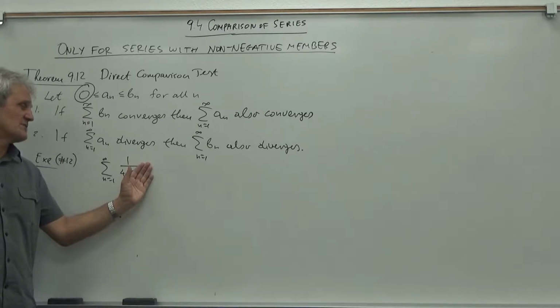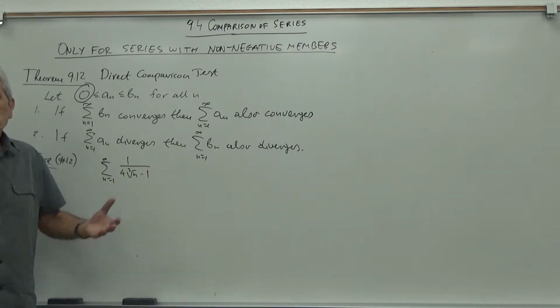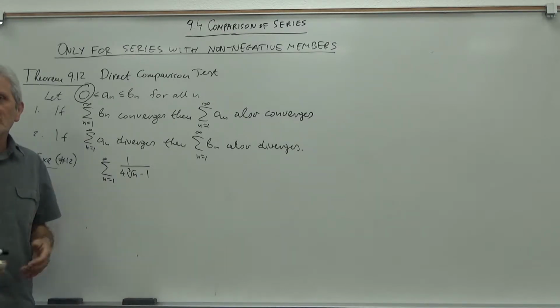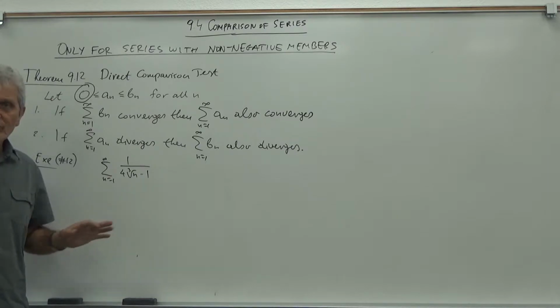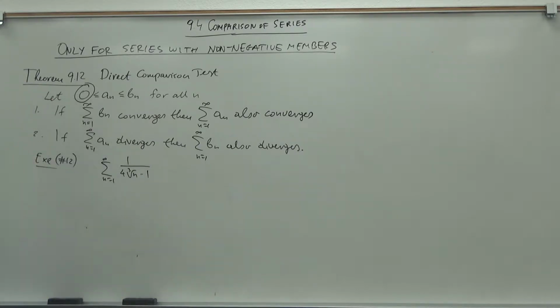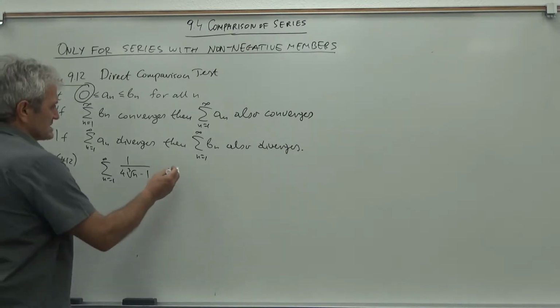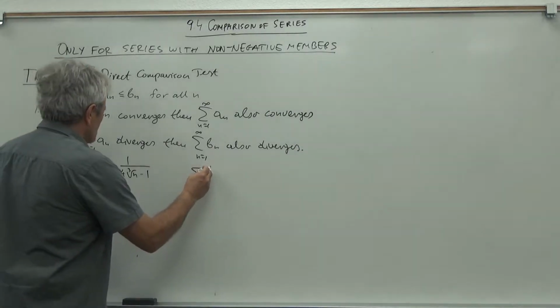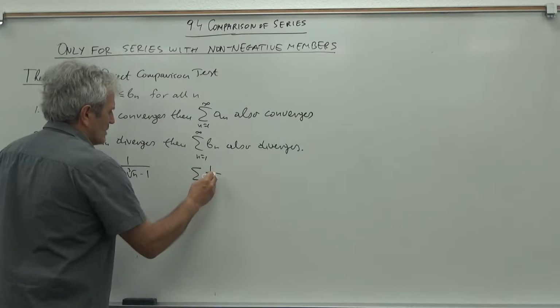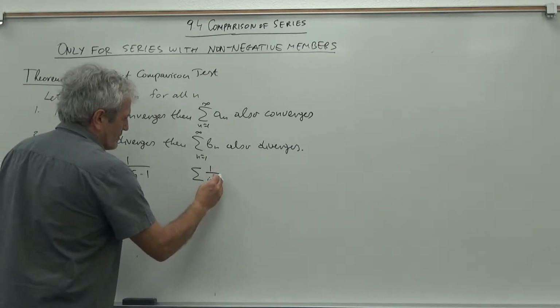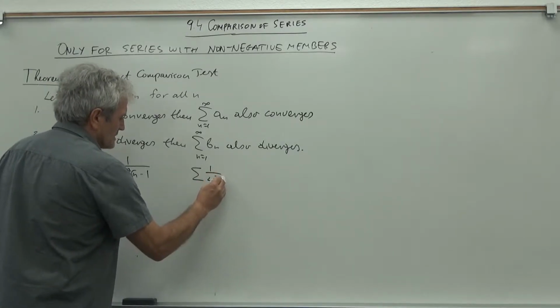That diverges if it's without the minus 1. With the minus 1, probably it will behave similarly. That 1 cannot make a huge difference. This is very informal thinking, but that's how we always start our reasoning. And then what are we going to do? As a comparison, I will use the sum of 1 over 4 cube root of n.